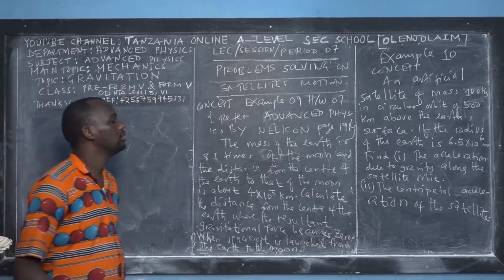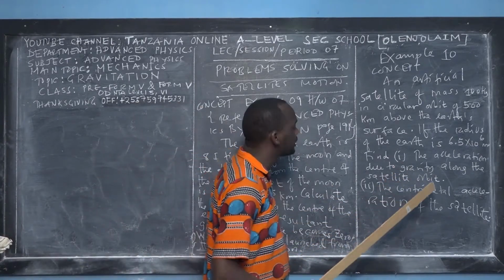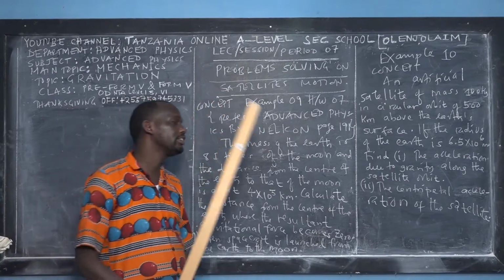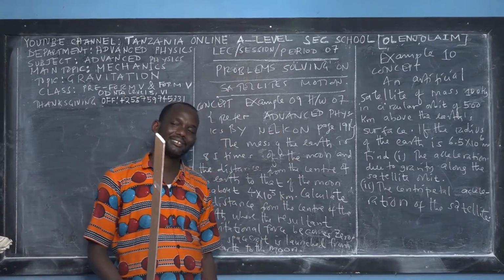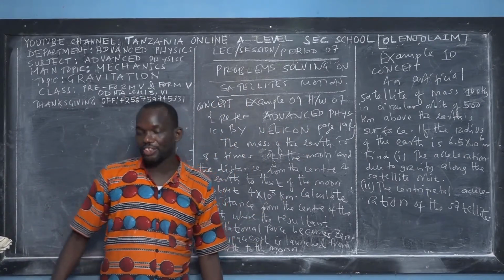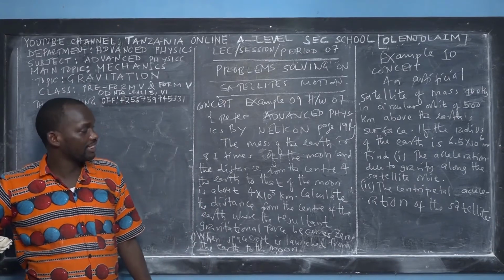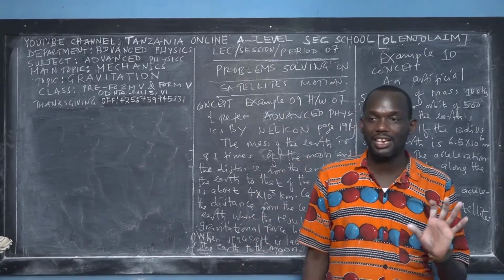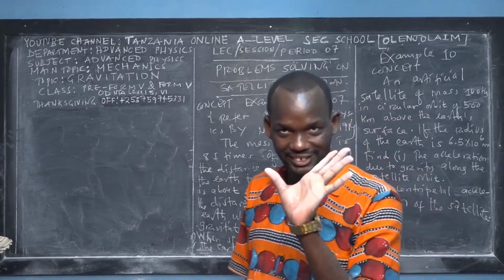Be careful. Roman 2, the centripetal acceleration of the satellite, not centripetal force. Be careful, because we have been used to singing a chorus known as centripetal force. No, the question asks you centripetal acceleration.